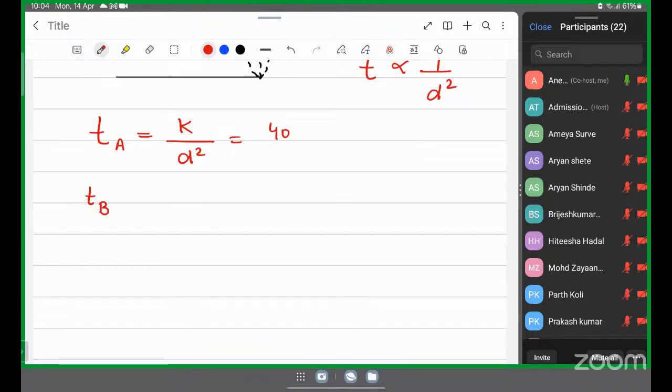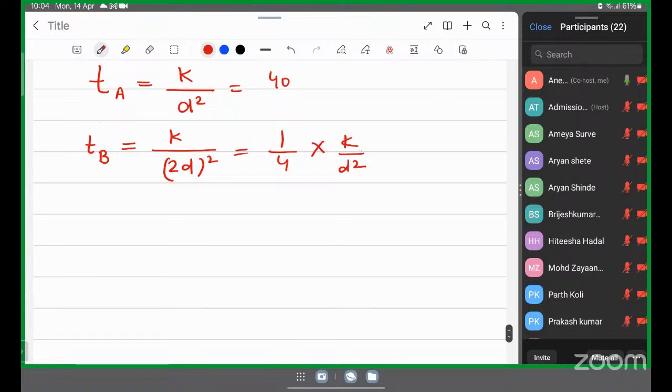TB will be K upon 2D whole square, right? So this will be 1 by 4 into K by D square. The value of K by D square is 40, so this will be 10 minutes.